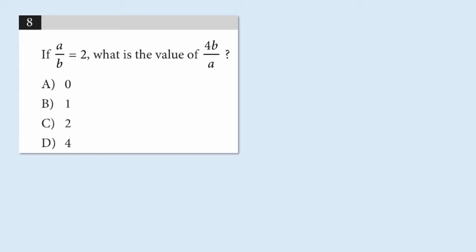So I want you to look at this and this. Notice that I have a over b and then 4 times b over a. So the relationship between those is they're just reversed, right?